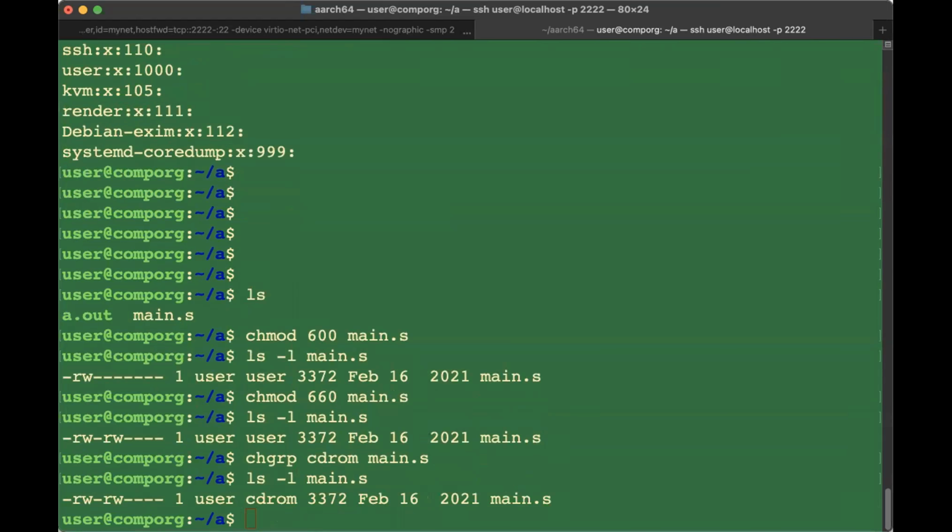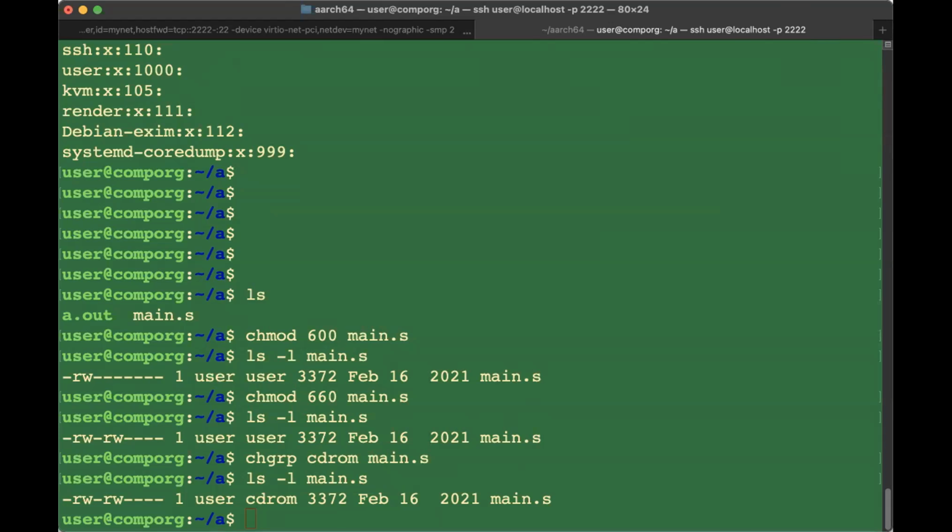So Rebecca, now you see that the name of the group CD-ROM is the group that main.s belongs to. So anyone in the CD-ROM group has the permissions indicated in that second set of 3 digits. Right now, are you able to access that file?